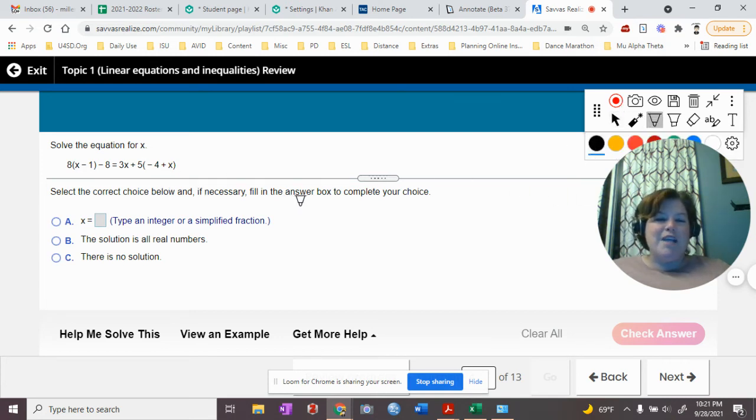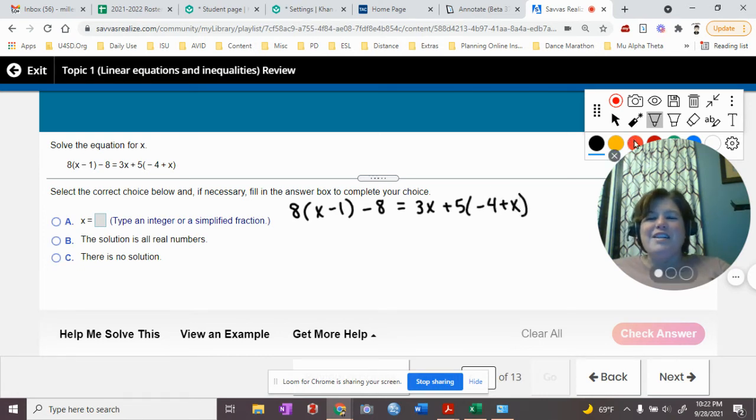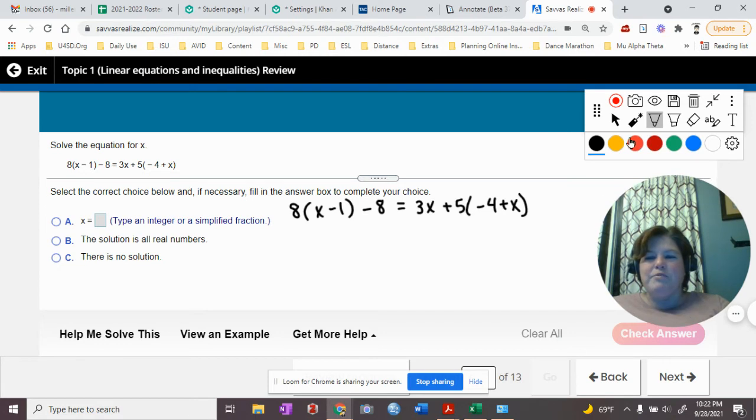So let's take some time to take that 8 times the quantity x minus 1 minus 8 equals 3x plus 5 times the quantity negative 4 plus x. So there's a lot to simplify here. All right, so I need to distribute this 8.